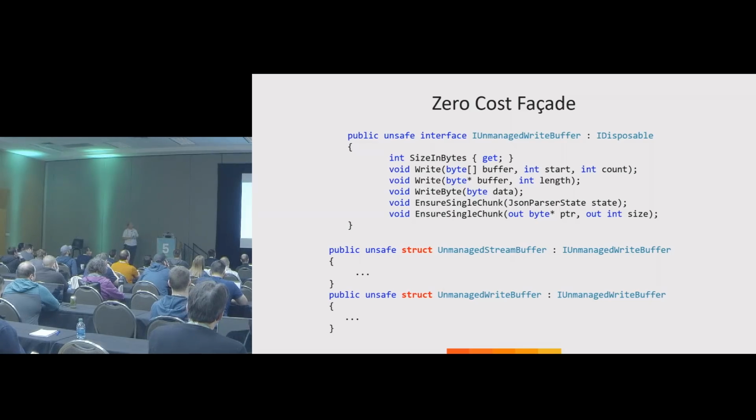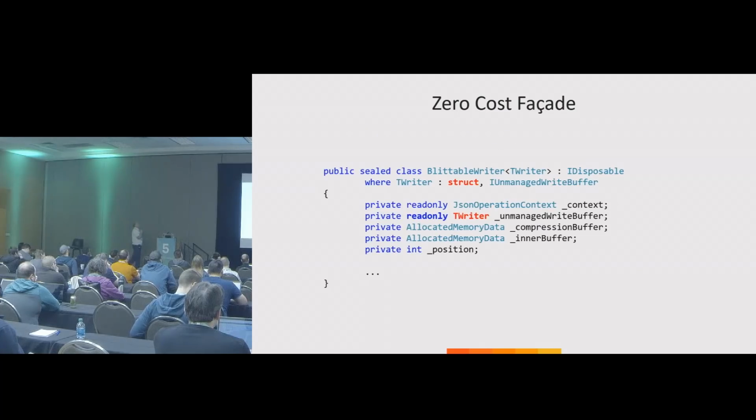So I have an unmanaged stream buffer, and I have an unmanaged write buffer, which are entirely different. One is I have the entire memory at hand, and the other one is I have a streaming version of the memory at hand. You can actually say, yes, I can build a managed version too, if I want to. But the interesting thing about this is that this gets embedded into another sealed class.